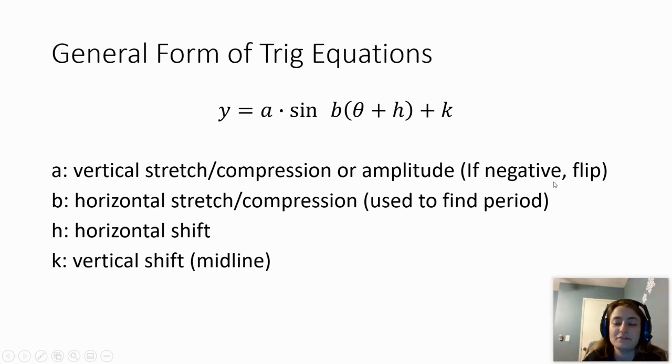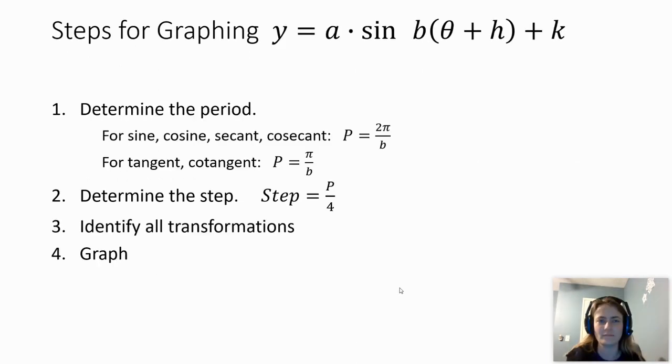And if A is negative, we flip it vertically. B, we saw is the horizontal stretch or compression, so it can either squeeze it or stretch it, and we can use B to find the period. H, we saw as the horizontal shift, so it shifts it to the left or to the right. And K, we know from earlier, is the vertical shift, shifts it up or down, and K is the midline as well.